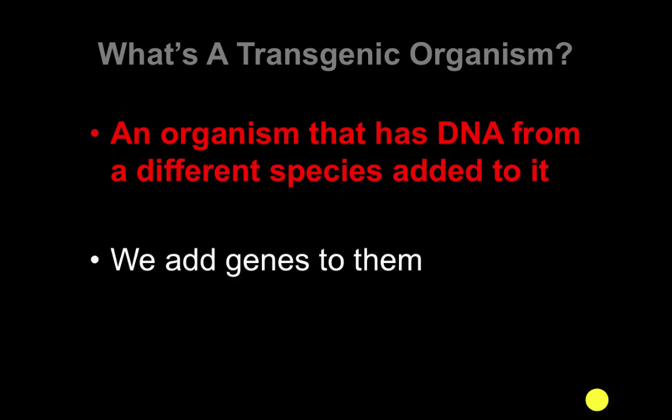And this is because we have actually added the genes. An example of this would be a glowfish. We have taken a gene that was in a jellyfish that creates a glow-in-the-dark protein, and we've inserted it into some fish, and so now we have glow-in-the-dark fish.